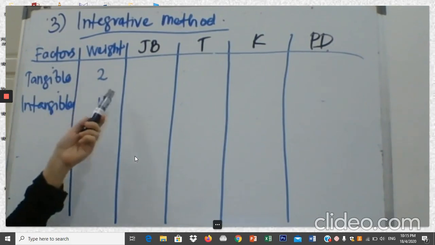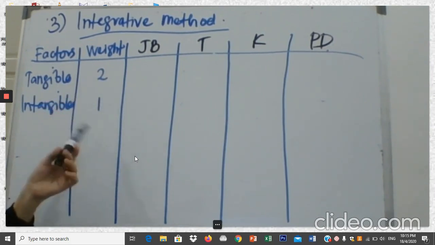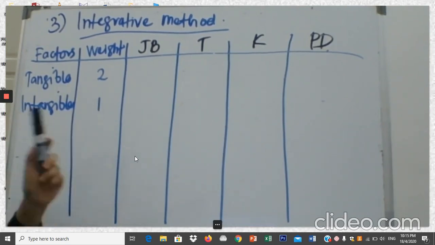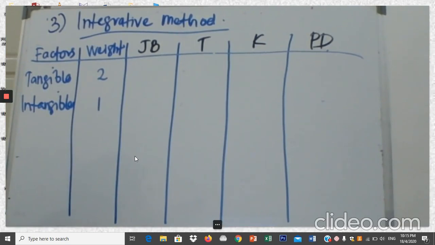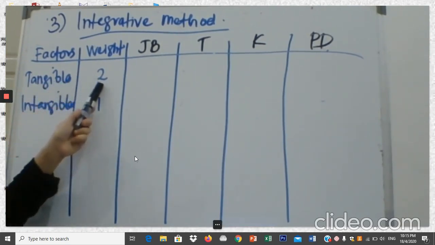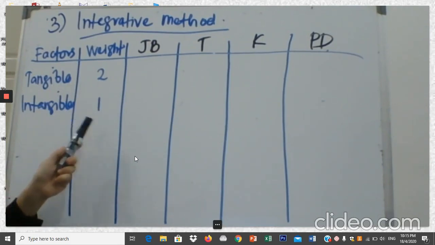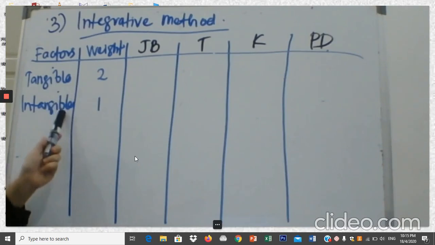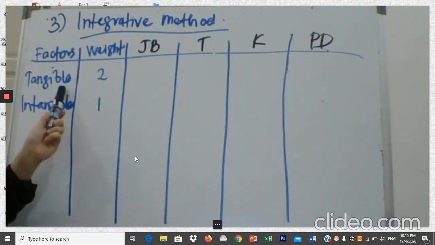To understand weight here means between these two factors, which one is more important? So it has been decided and fixed, that tangible factors have a weight of 2 and the intangible factor has a weight of 1.